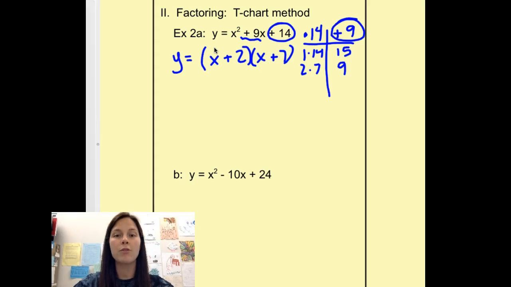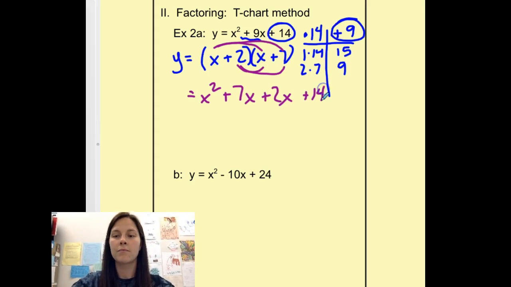What I'm about to do next is to show you how this checks and multiplies back to what we started from. Doing our double distributive property, we have x times x is x squared, x times 7 is 7x, 2 times x is 2x, and 2 times 7 is 14.